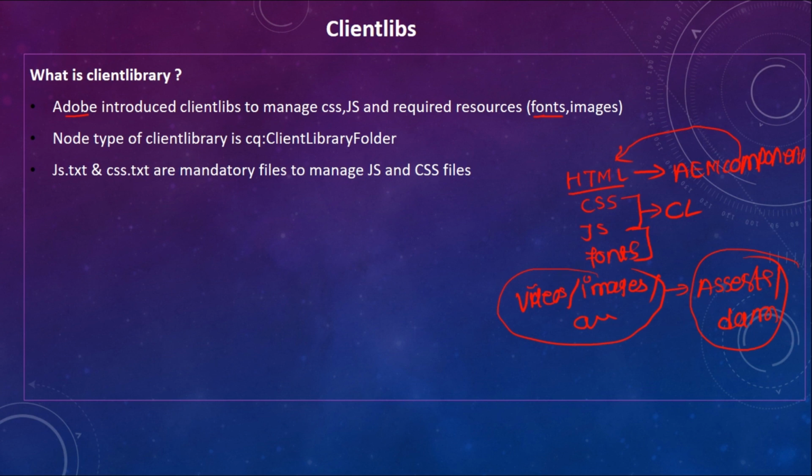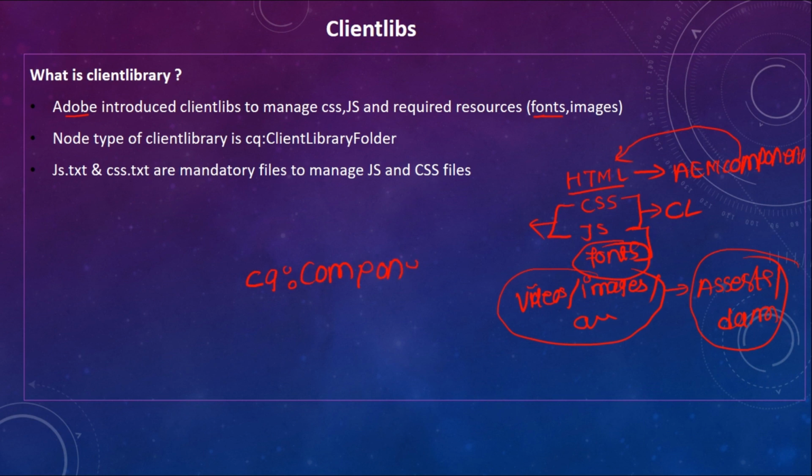So the client library is used for organizing your CSS and JavaScript files, or you can say your font files. We know that for creating a component, AEM provides one GUI, and in the backend it is stored as a CQ component. That is the type of the component.